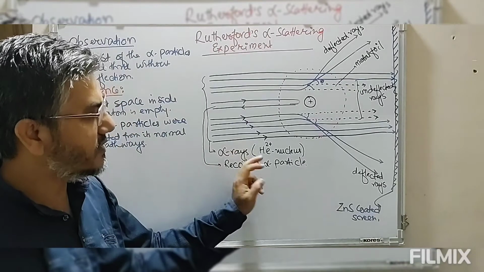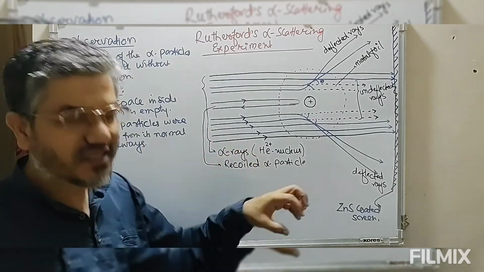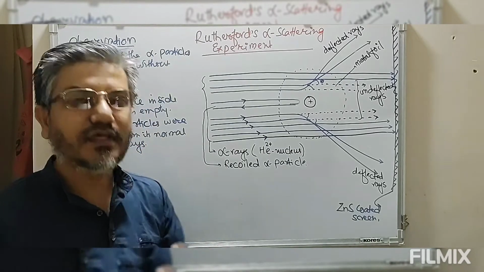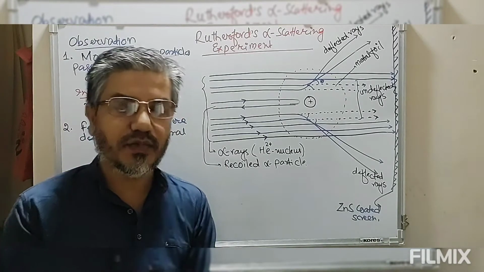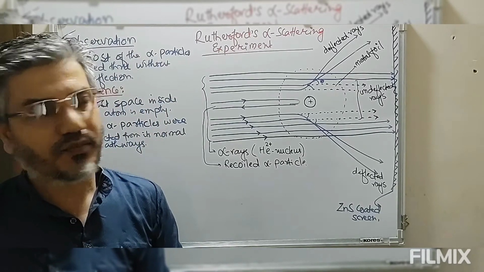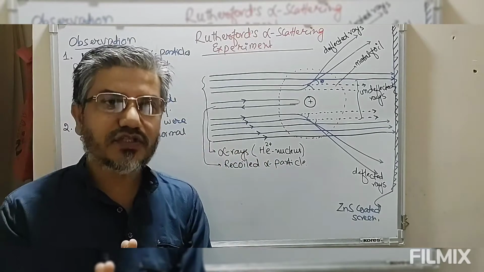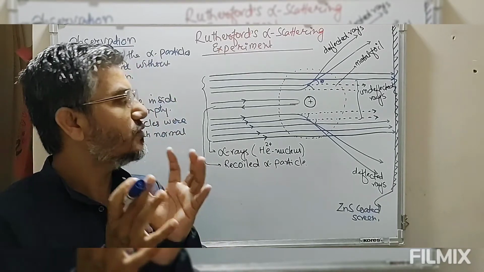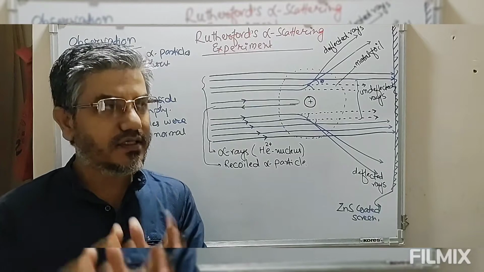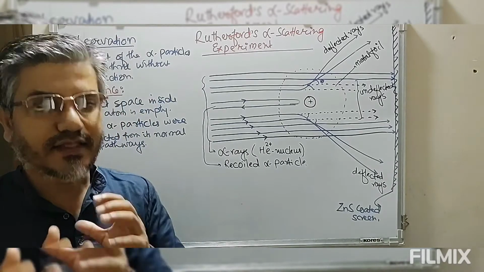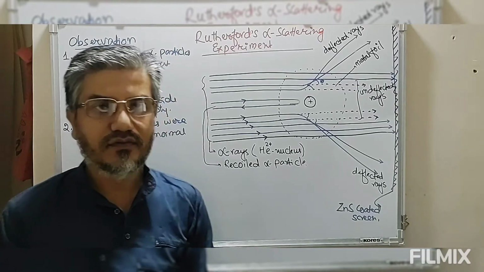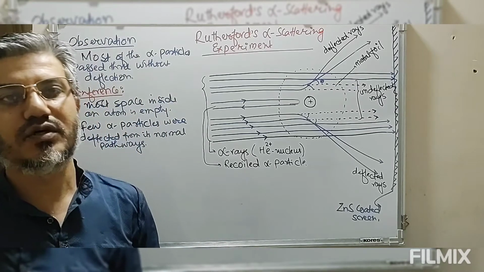So these alpha particles being positively charged, there must be a positively charged part inside the atom, and he says that this positively charged part present inside the atom is defined as the nucleus, and this nucleus is positively charged because of the presence of a particle known as proton.